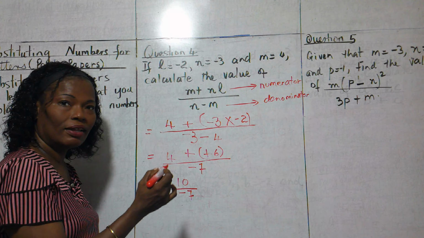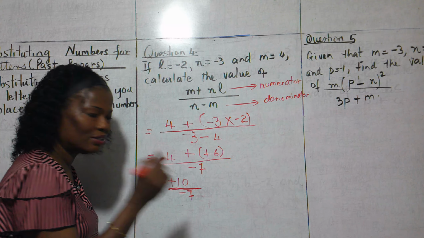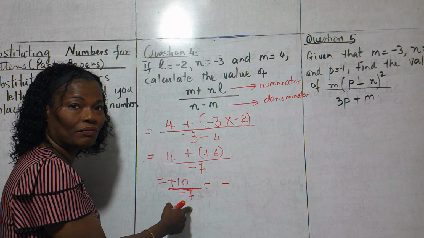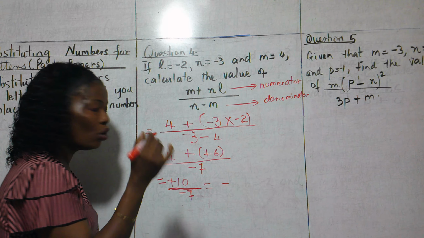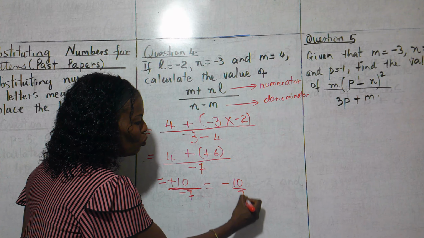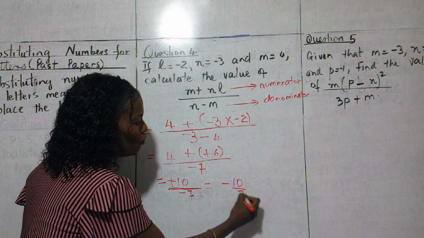A positive divided by a negative is a negative. And we have 10 over 7. Now, that cannot be cancelled or reduced any further. So the answer is -10 over 7. So notice that the whole fraction is negative. I've removed the negative from the denominator and made the whole fraction negative.